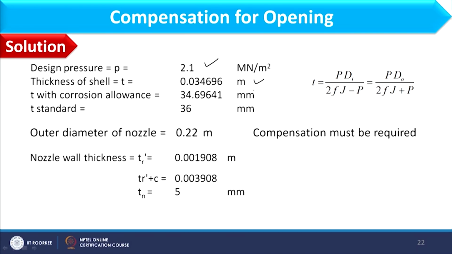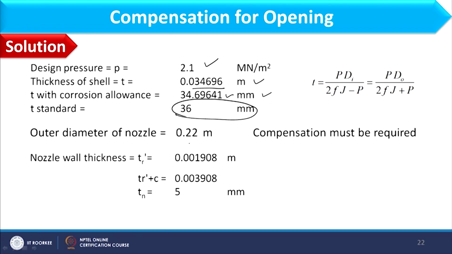T with corrosion allowance will remain 34.696 mm as this minimum thickness is greater than 30 mm. So we have not added corrosion into this, though it is given in the problem, and the next value to this is 36, which is available in table B1. So this we have chosen as a standard thickness for shell.